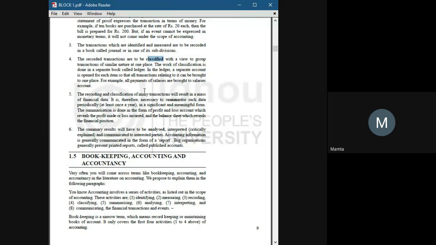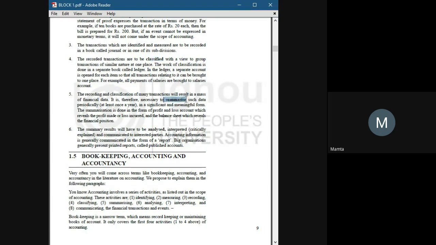Basically, it means the grouping of transactions of the same nature. Sometimes we have cash transactions, sometimes we have credit transactions, sometimes we purchase goods on credit. So we classify them into this. Then we summarize it.